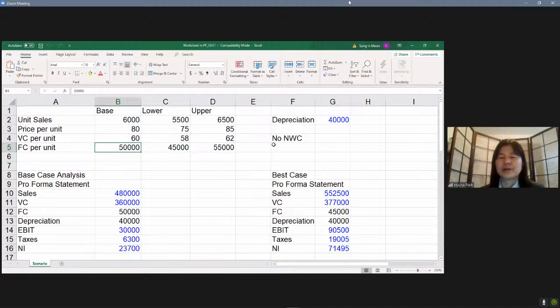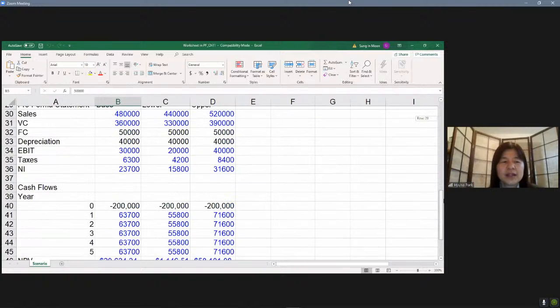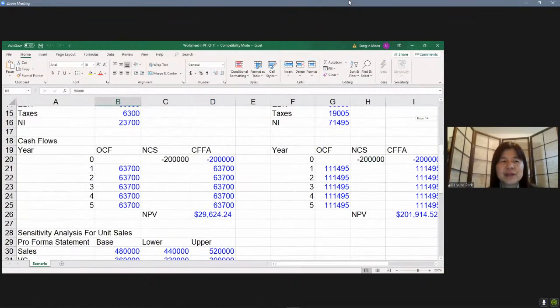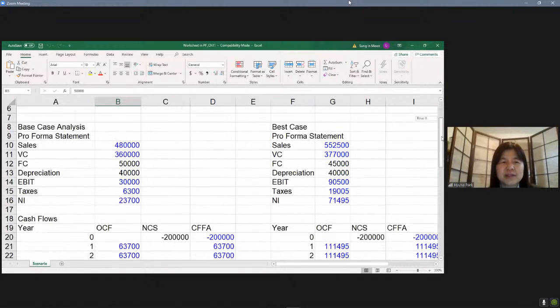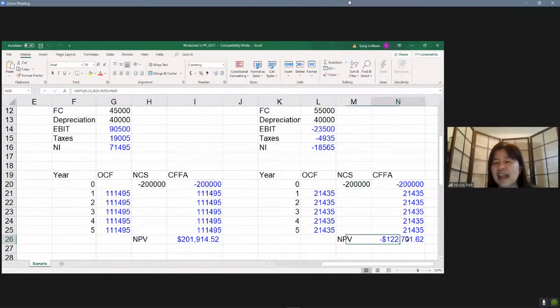So let's get started. Again, your ultimate goal is to be able to calculate these three NPVs. So for base case, this NPV, and for best case, this NPV, and the worst case, negative, very low NPV.